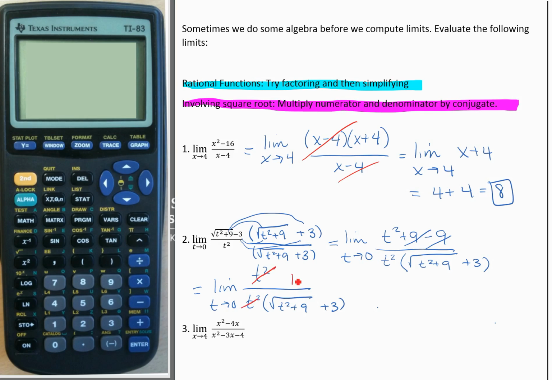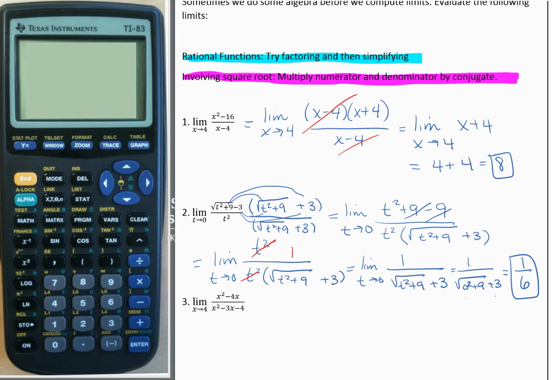And we're just going to have a 1 in the numerator. So we have the limit as t goes to 0 of 1 over the square root of t squared plus 9 plus 3. And now when we plug in 0, we have 1 over the square root of 0 squared plus 9 plus 3. And if you work out the denominator, it becomes 6. So our limit is equal to 1/6.